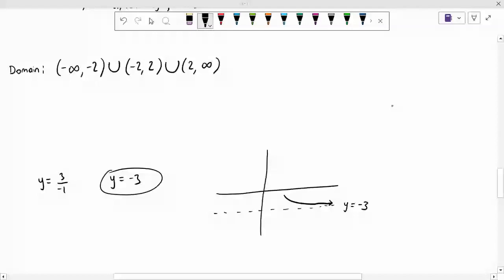Whenever your graph is doing something like that, you have a horizontal asymptote at that location. Graphically, this is what's going on at y equals -3. It's a horizontal asymptote, which means that the graph is doing something like this. Okay. Does that answer the question?